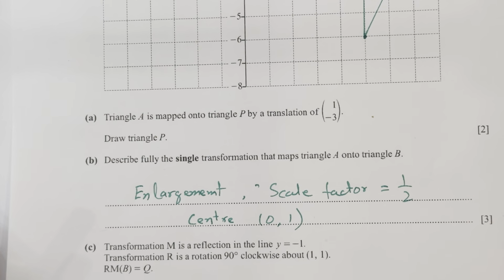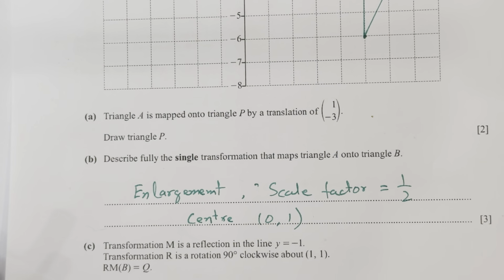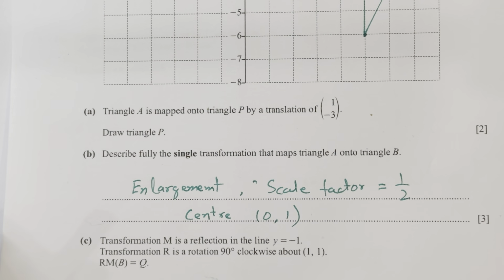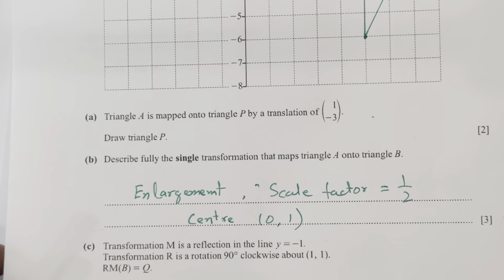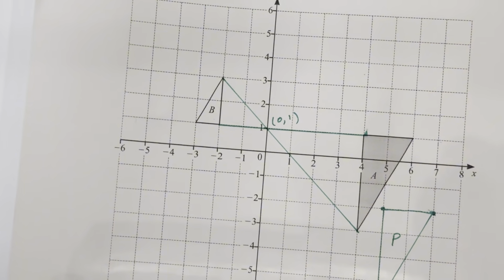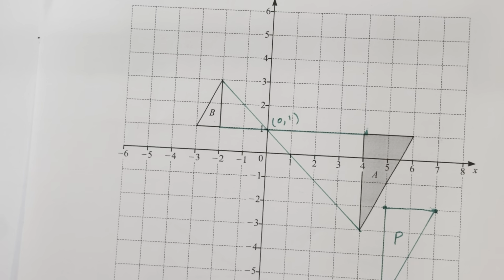Moving to part C, transformation M is a reflection in the line y equals -1. Transformation R is a rotation of 90 degrees. So first we have to draw the line, that is y equals -1.